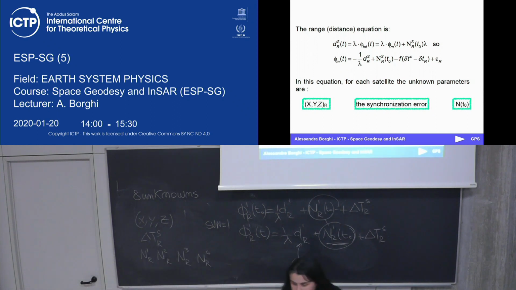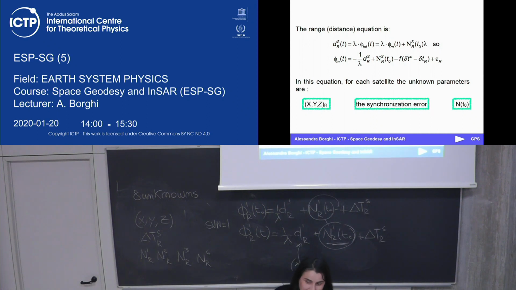Question? Yes, sir. The synchronization time, is it the same for all the 4 satellites? Yes, no, to be honest, it's not the same. But usually, for a normal application, we can consider the satellites synchronized with each other. So we have just to take into account the offset between receiver and satellite.